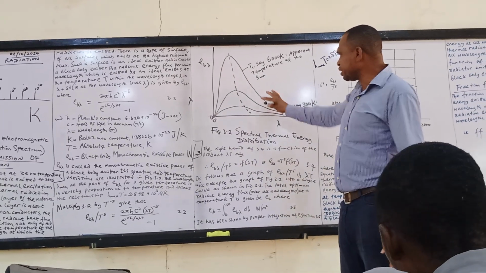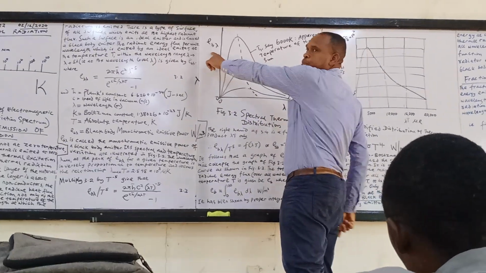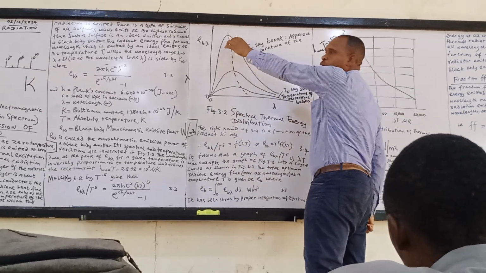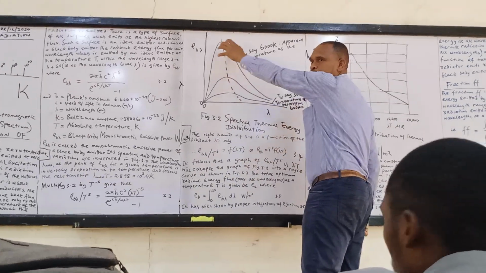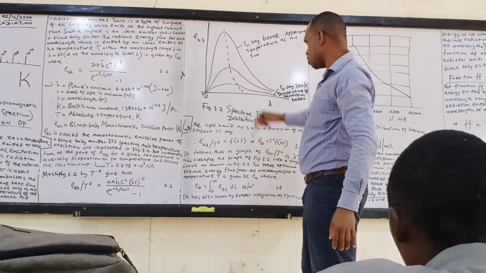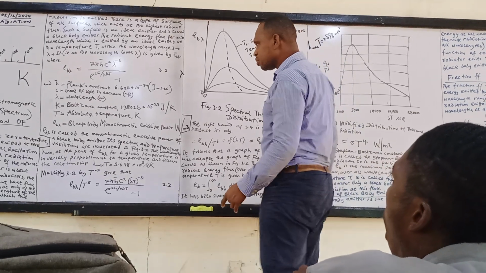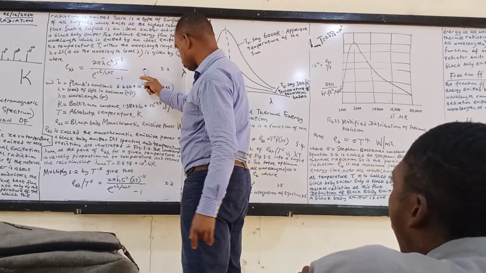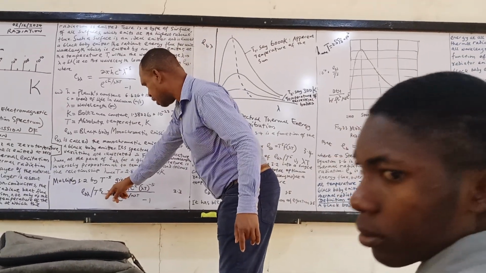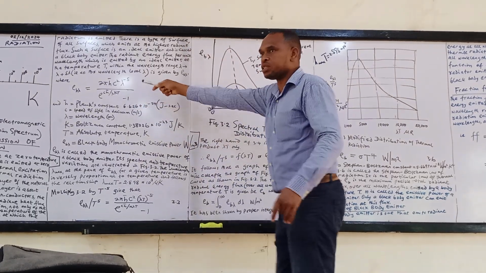Okay, so having seen this graph, that this graph is E_b lambda versus lambda at various temperatures, and it depends on the peak at the various temperatures. So now, going by this equation 3.2 and then multiplying by T to the minus 5, that's to evaluate this equation.